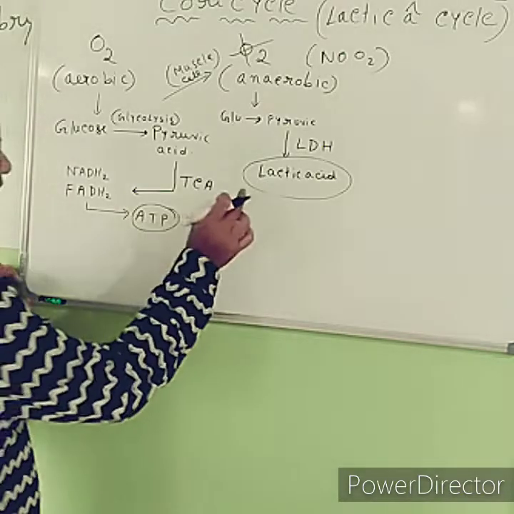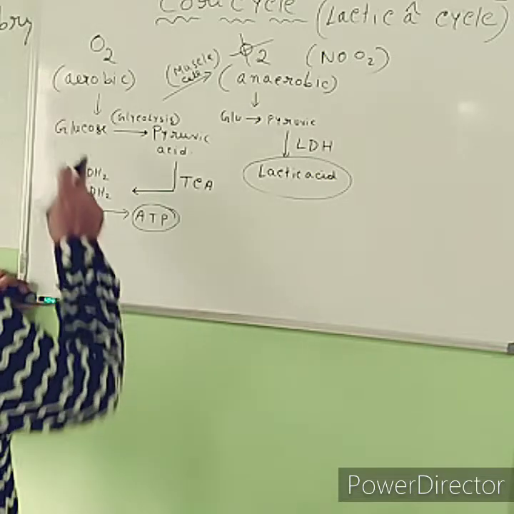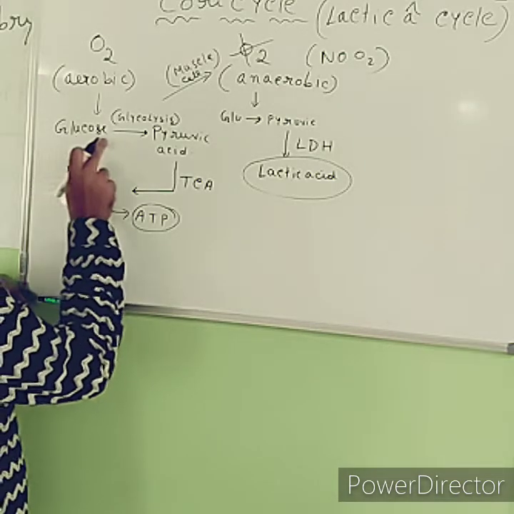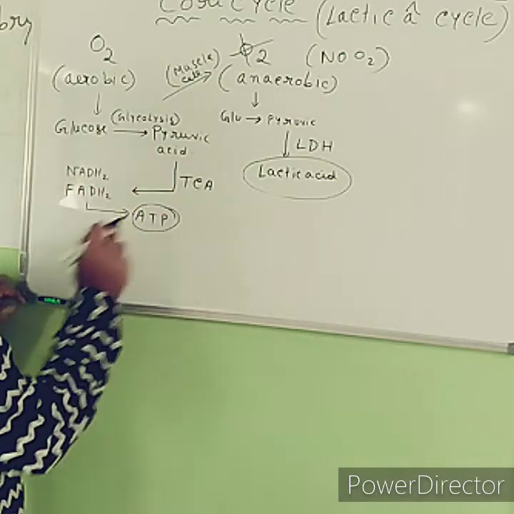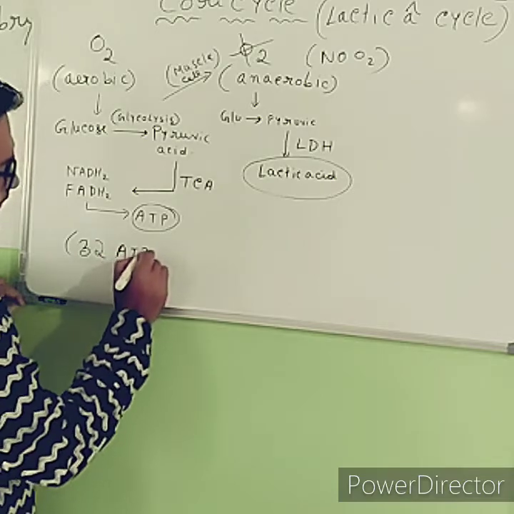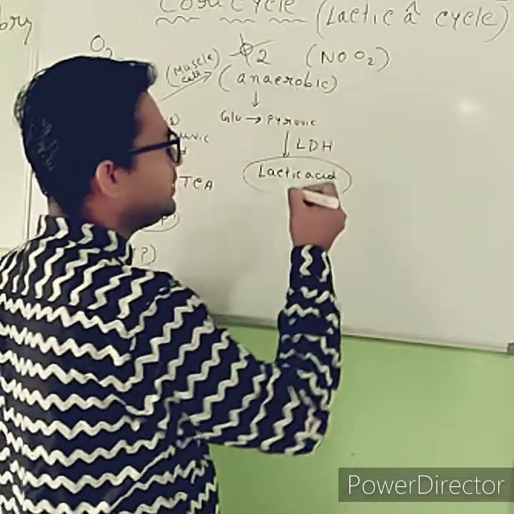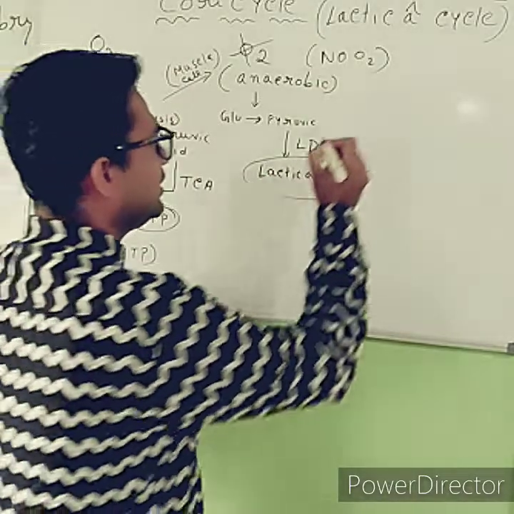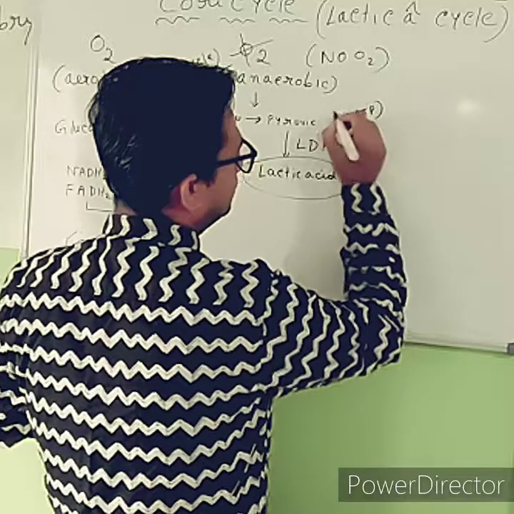Also during this condition, another important fact is that the conversion of glucose to pyruvic acid and the Krebs cycle give rise to around 32 ATP molecules. But here in anaerobic respiration, only 2 ATP molecules will be formed.